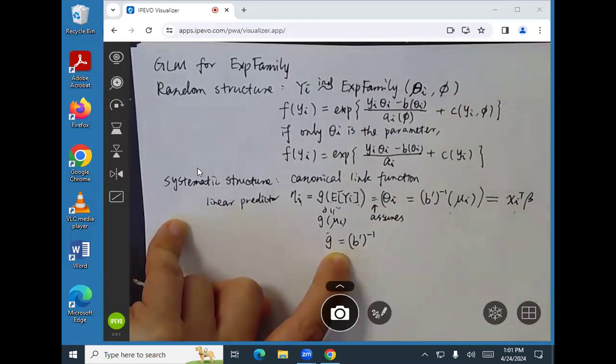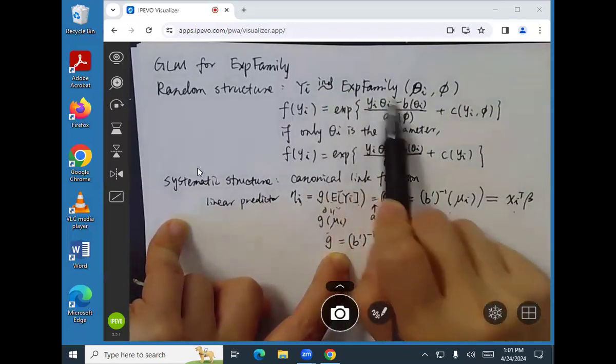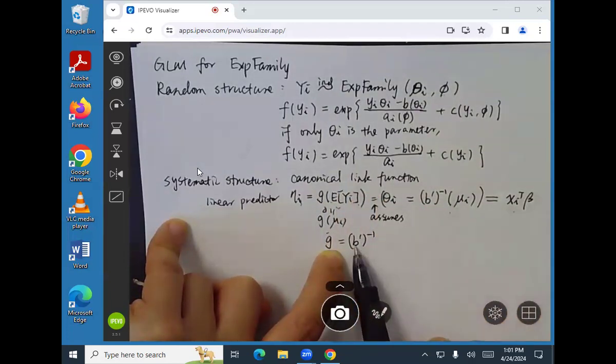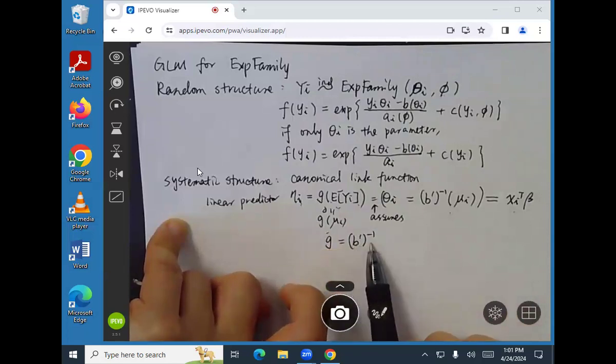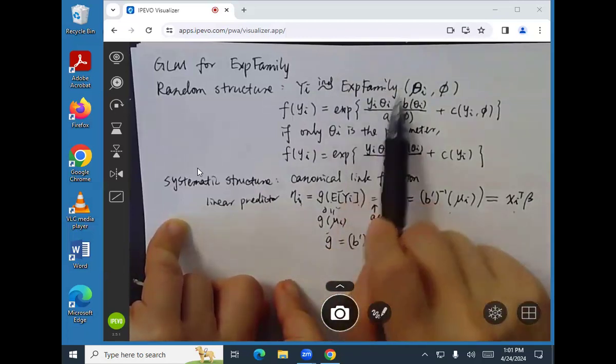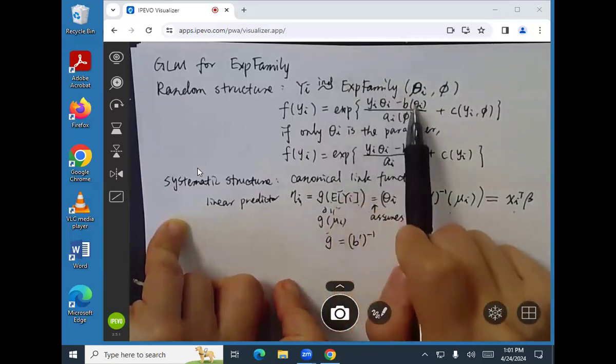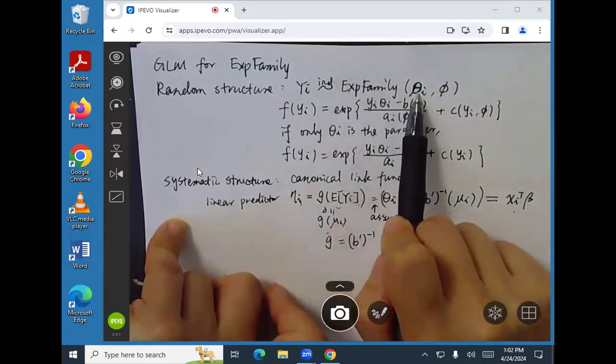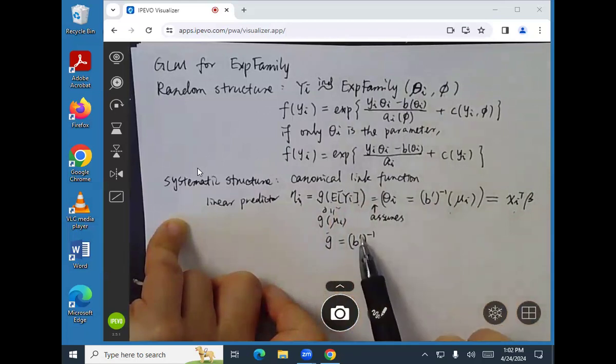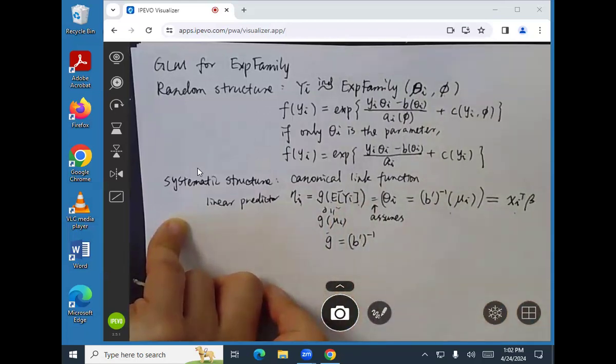So the logit function we gave for logistic regression, where the distribution is Bernoulli, is exactly the canonical link function. And later, when we talk about Poisson regression, where the distribution in the random structure is Poisson, with only the location parameter, we can show that the canonical link function is the log function with natural base. Okay, so that's what we did last time.